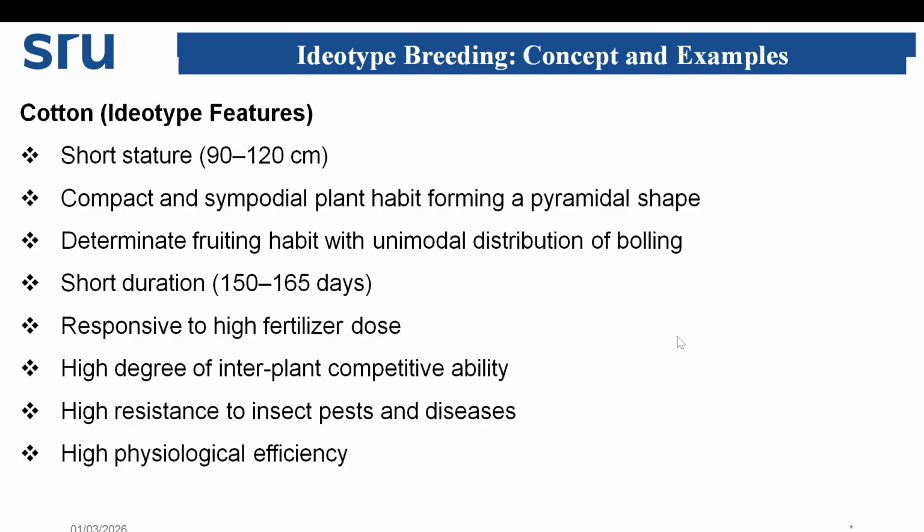Responsive to high fertilizer dose. High degree of interplant competitive ability. High resistance to insect pests and diseases. High physiological efficiency. So these are some ideal features of cotton.